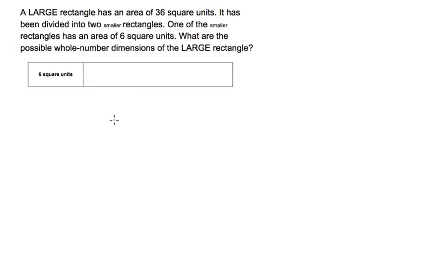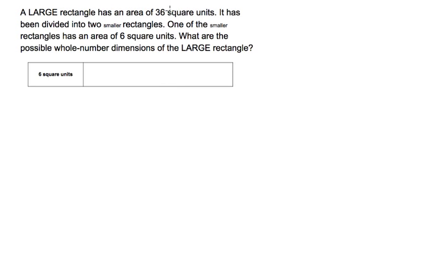All right. So in this problem, there are a couple things we have to think about first before we start listing out the possibilities. So first, if this whole large rectangle has an area of 36 square units and this already has an area of 6 square units, what's the only possible area of this other smaller rectangle?